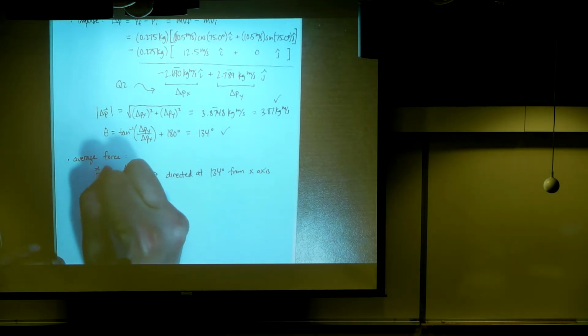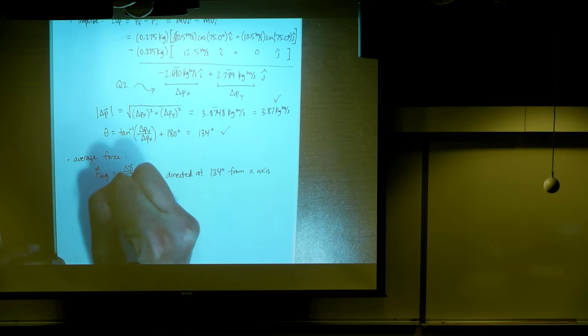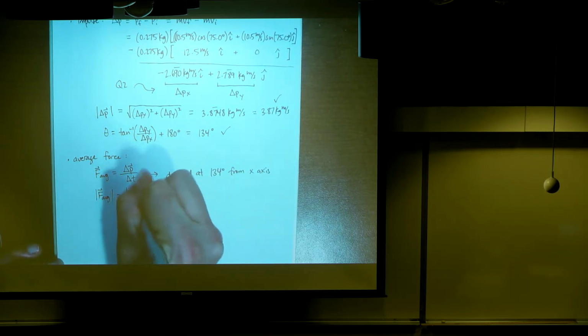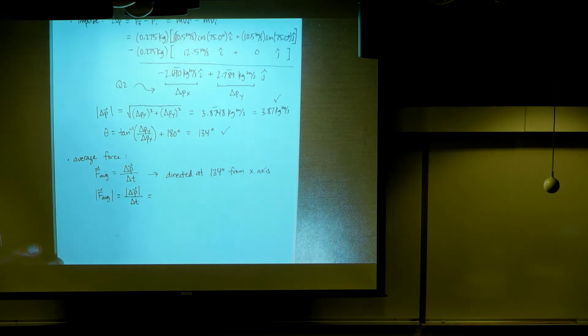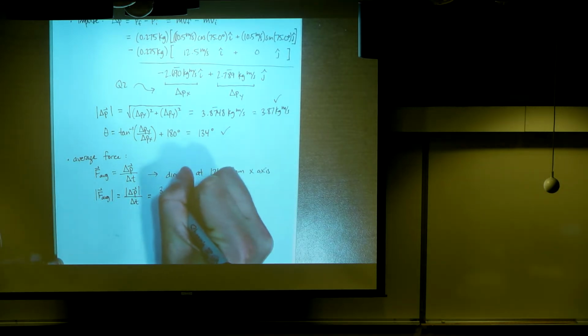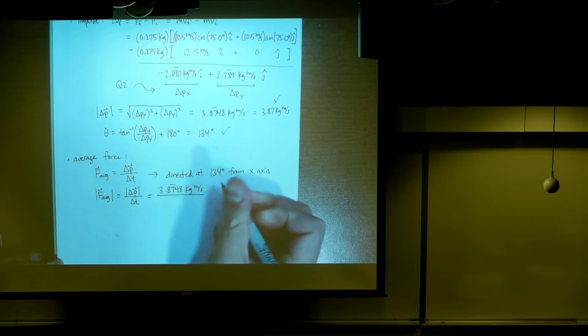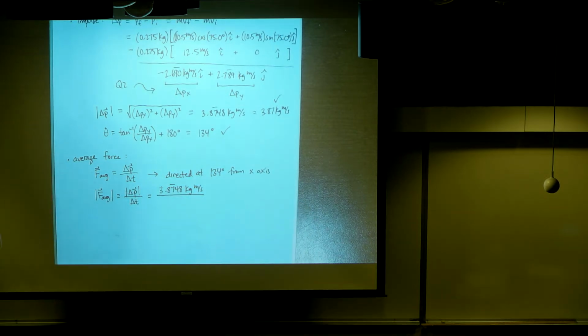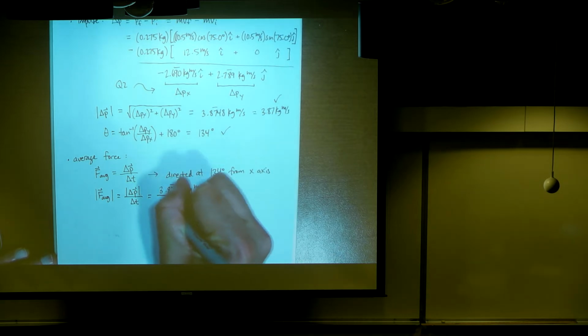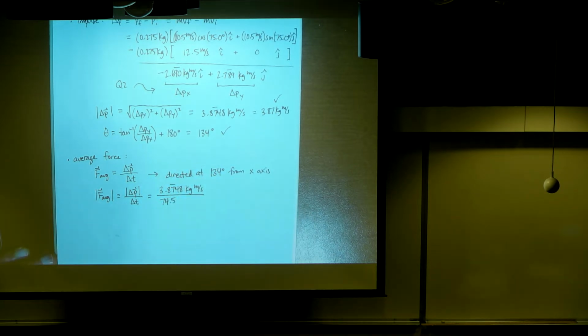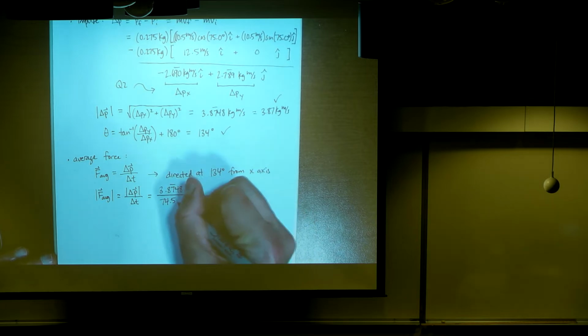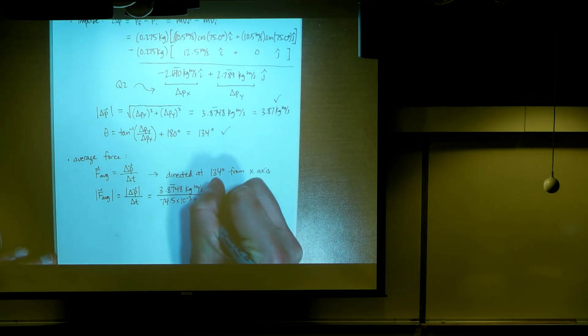Just if we want the magnitude of the average force, that's going to be the magnitude of our delta P divided by delta T. So we have that magnitude right here, so we're just dividing out the time. So this is 3.8748 kilograms times meters per second. That's the magnitude of the change in momentum. That's what's going on top. What's going on the bottom is the time, which is 74.5 milliseconds. Again, milli, that's 10 to the minus 3 seconds.